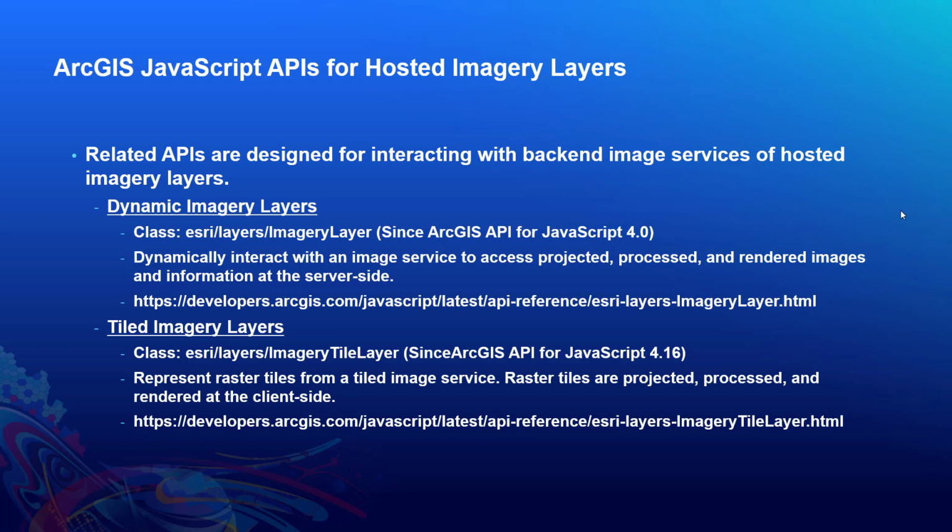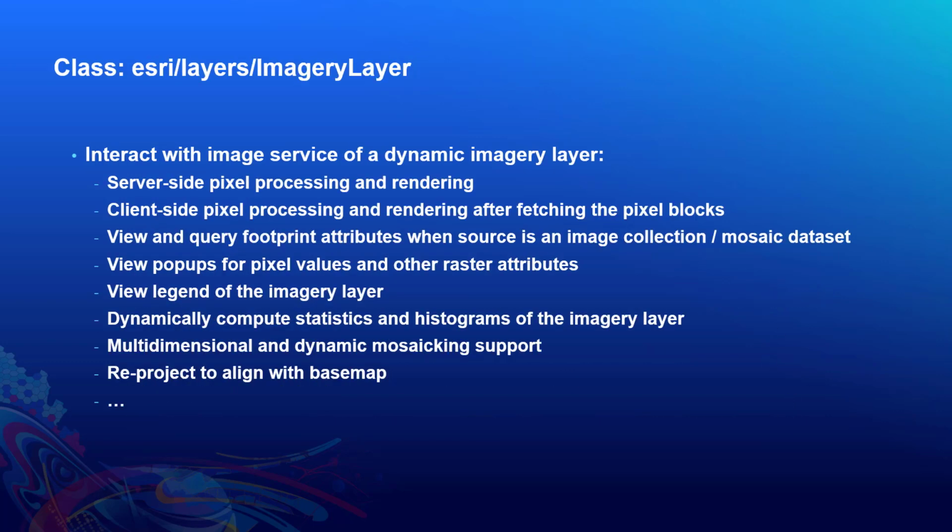Here are two references you can use to work with these two layer types. If you use the imagery layer class to construct a layer, you can interact with a dynamic imagery layer. And you can set the rendering rule or renderer property for the layer to set up server-side pixel processing and rendering.